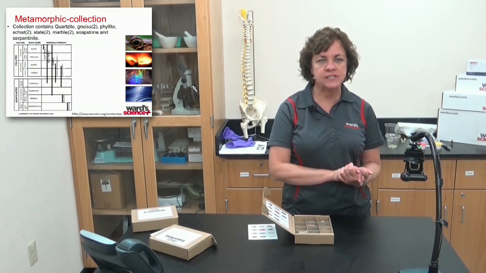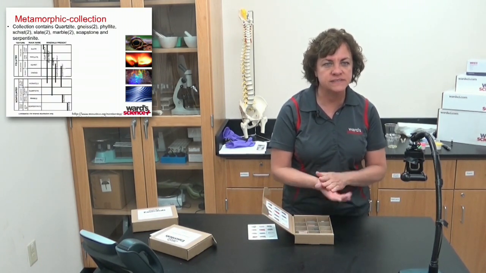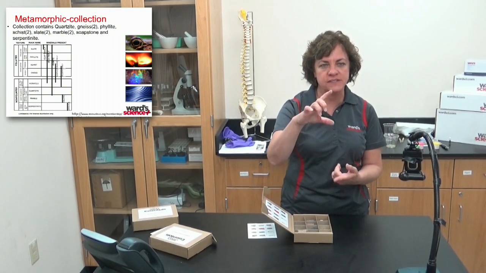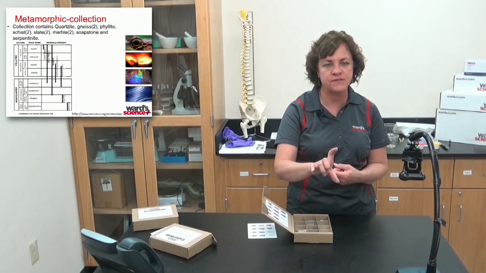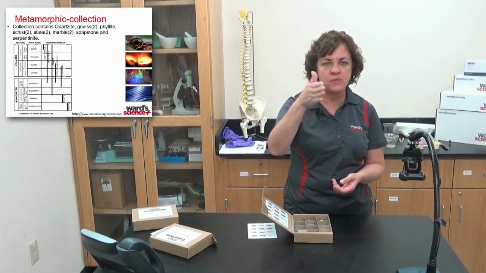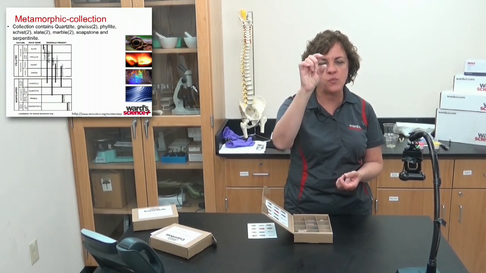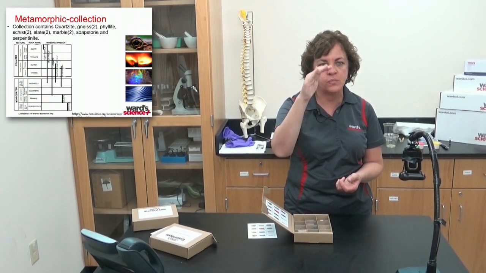The next page is about how you classify them, which I've already given you a little indication. As you can see on this chart, it's separated into foliated and non-foliated. Depending on what minerals are present, you will identify what the rock is.